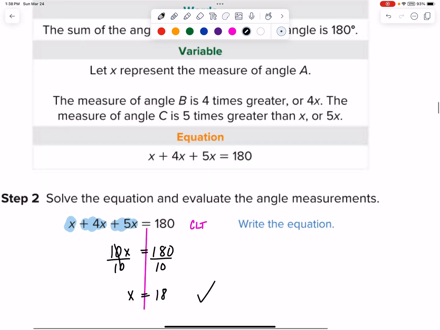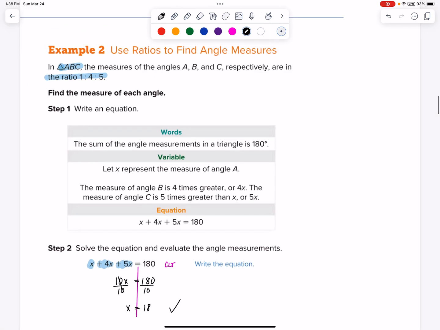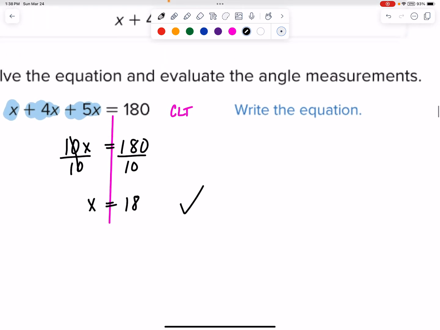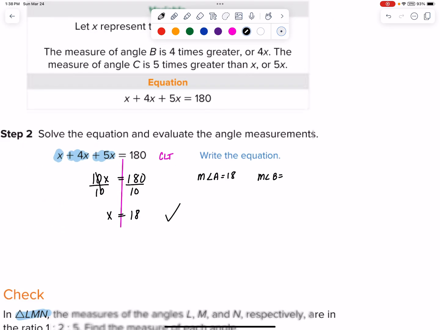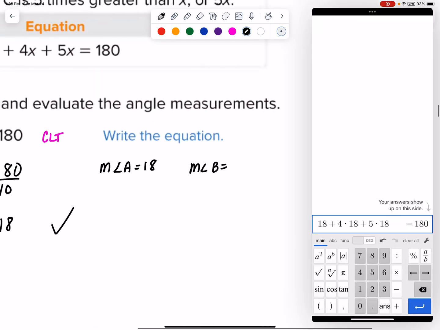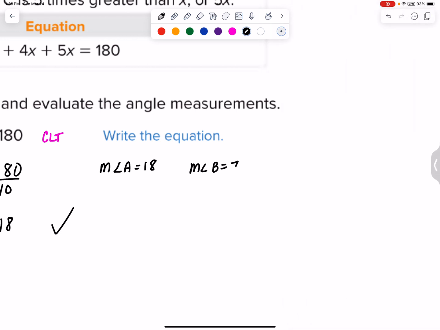We have angle A, B, and C. So angle A, so we can say the measurement of angle A is 18. The measurement of angle B equals 18 times 4. Okay, so let's just clear this. 18 times 4 is 72.